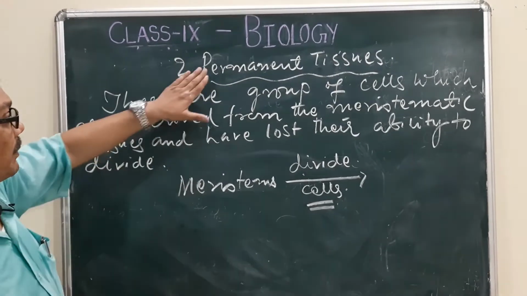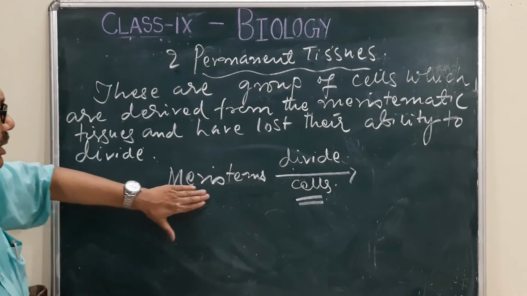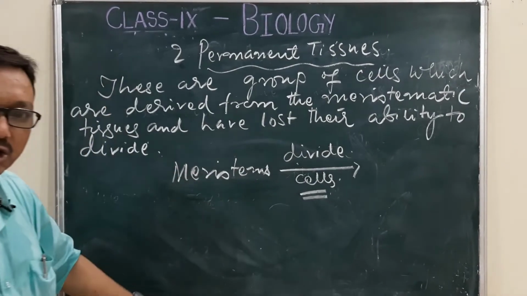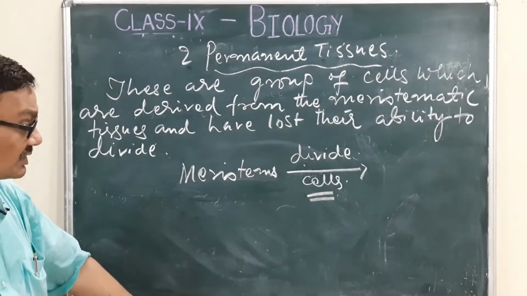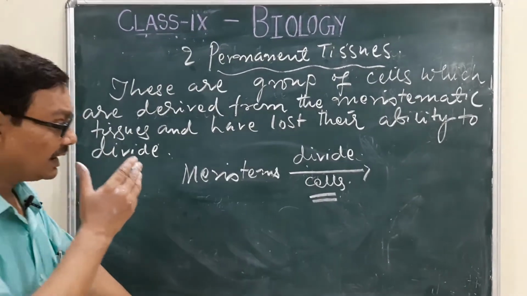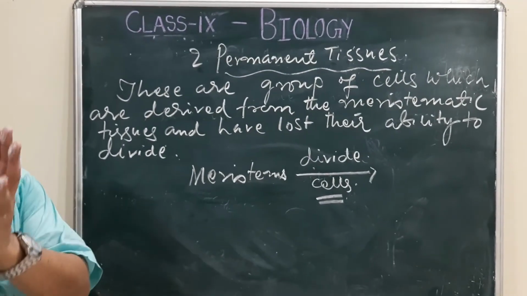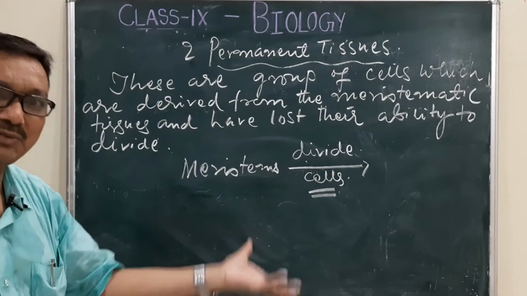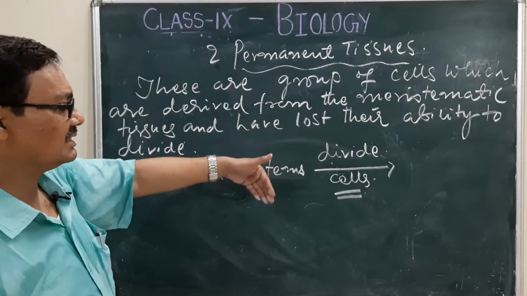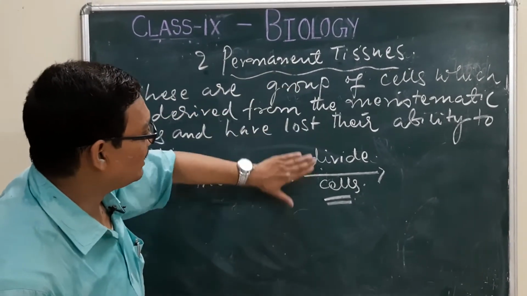That means permanent tissues are also derived from the meristems. When the cells of the meristems get a permanent shape, a permanent size, and a permanent job, that is differentiation.